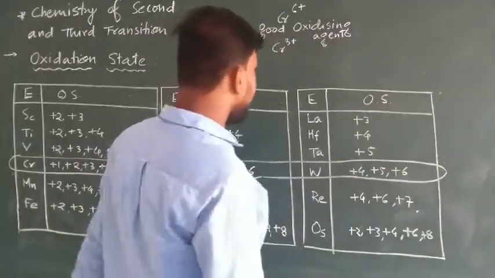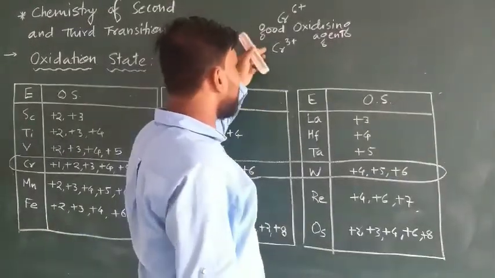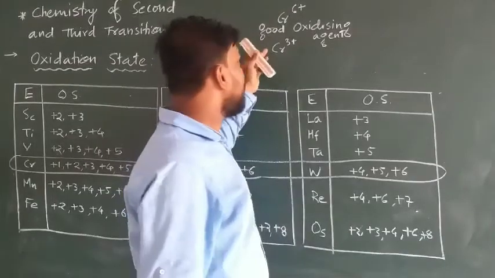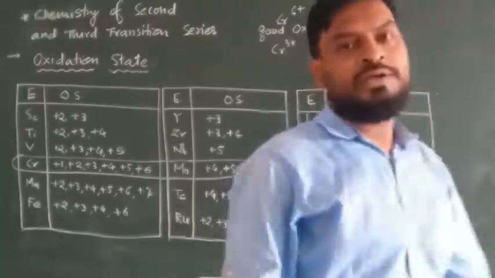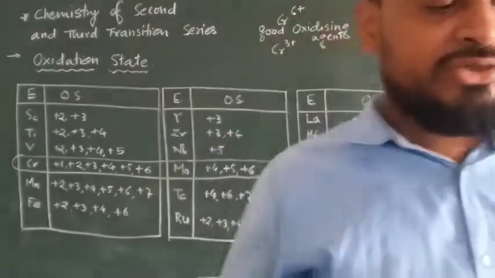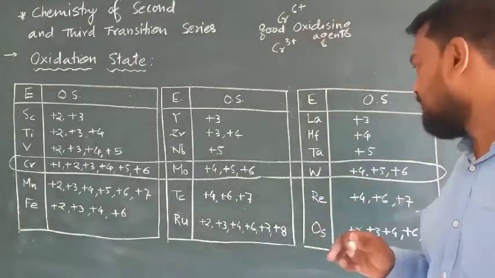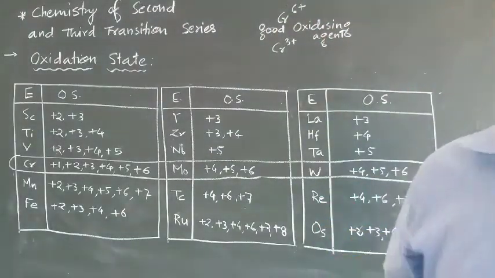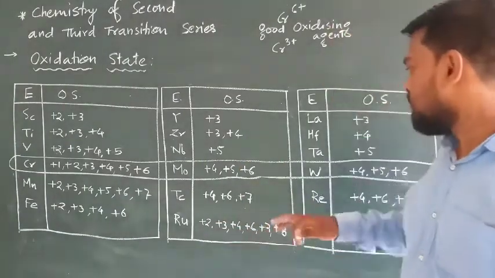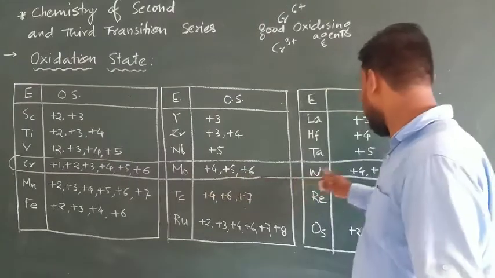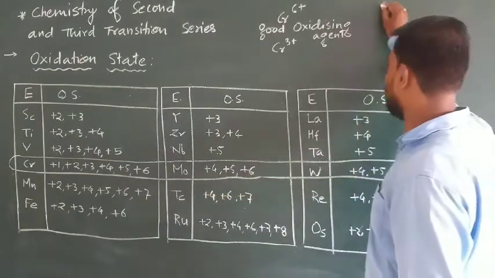It gets reduced into Cr3+. But in the case of molybdenum and tungsten, the +3 state of molybdenum and tungsten is not possible.